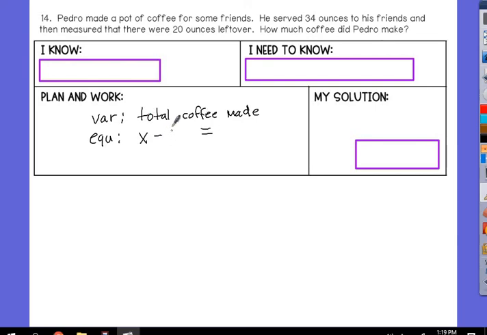How much am I taking off? 34. I poured out 34 ounces. When I did that, how much was left? 20. So your solution, if I was to solve that, add 34 to both sides. There should have been 54 ounces, huh? Yes. If I solved that correctly.